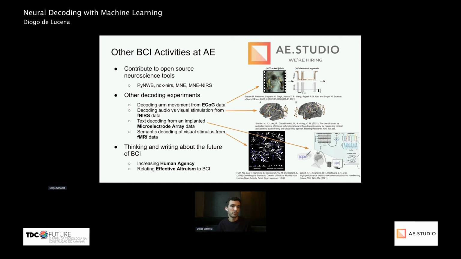Others with ECoG, for instance, were decoding arm movement. So we were trying to classify when people were moving their arm and how they were moving their arm based on data from electrodes on their brain. We've also tried to classify differences between people either watching something or just listening to something with NIRS data, that light sensor that we talked about.